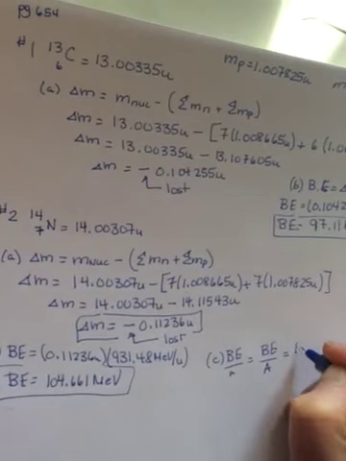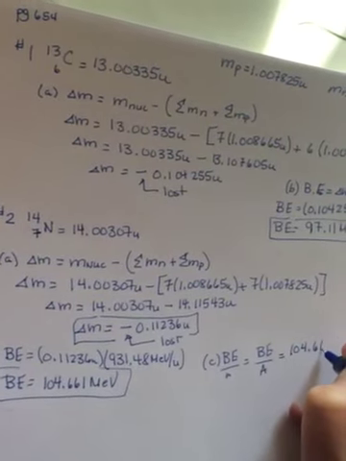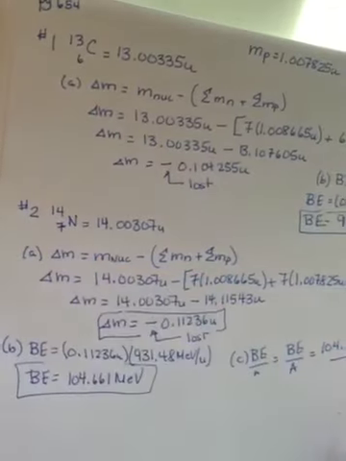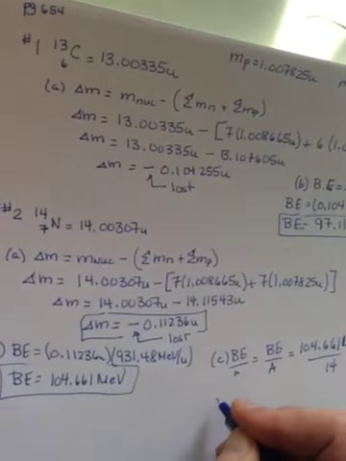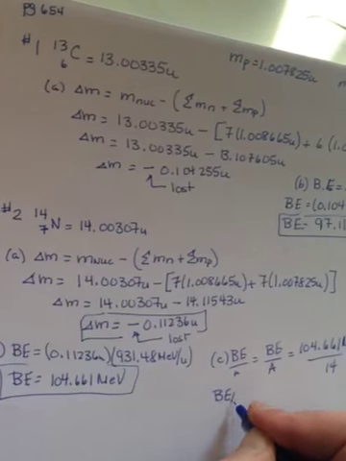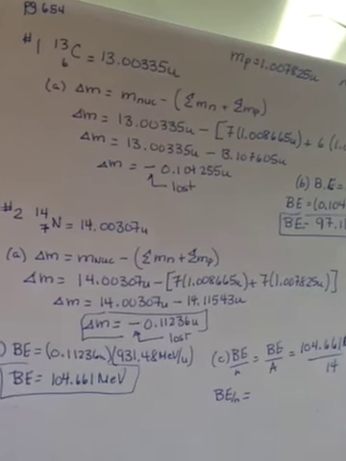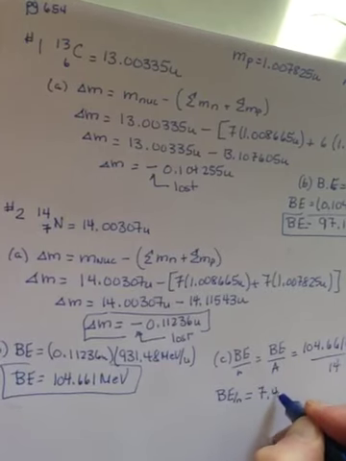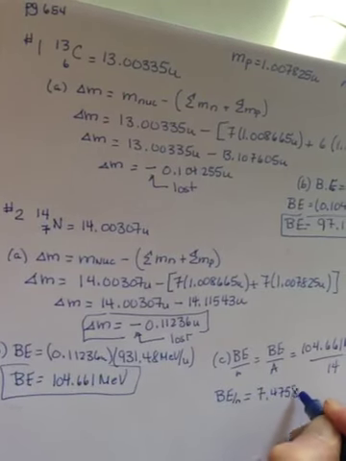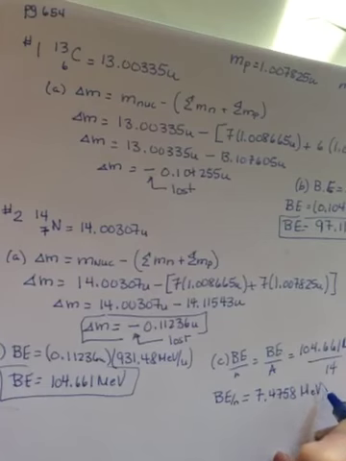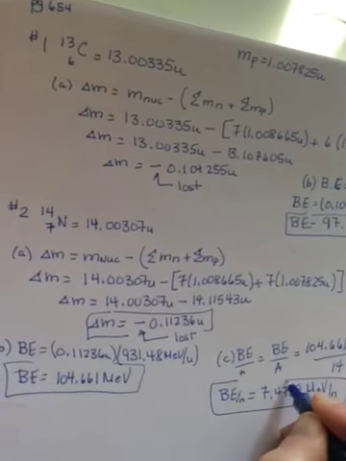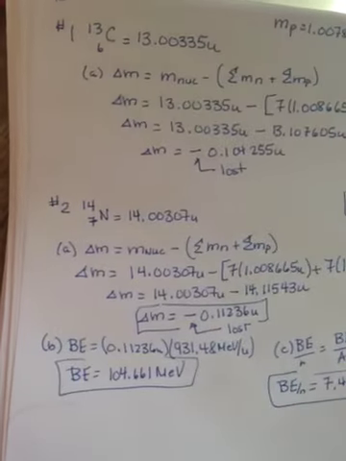In other words, 104.661 mega electron volts, and in this case 14. And you get a binding energy per nucleon equal to 7.4758 mega electron volts per nucleon. Okay, that is number 2.